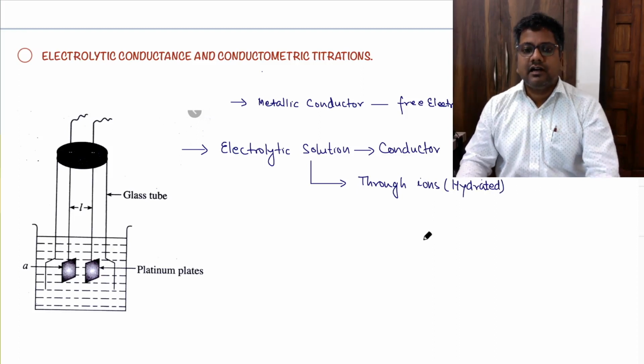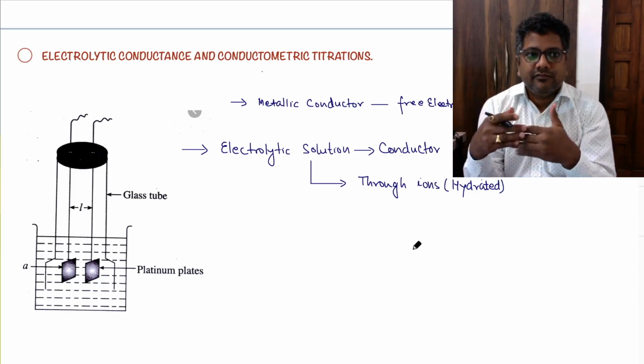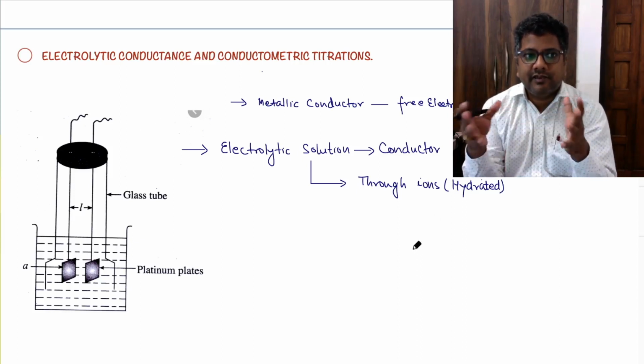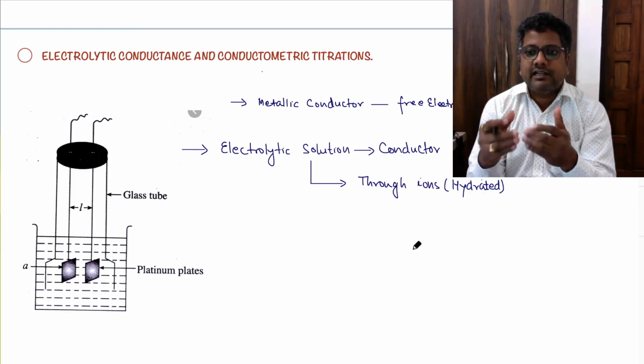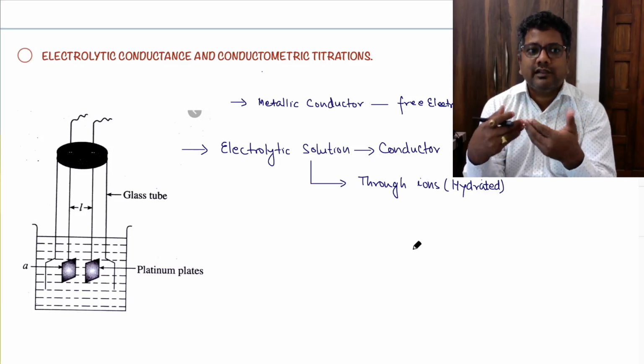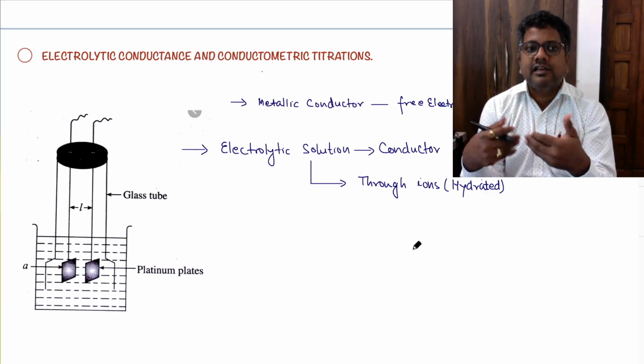All of you know that when ions get hydrated, their effective size will increase. So the ion which is less hydrated has more electrical conductance compared to the larger ion.